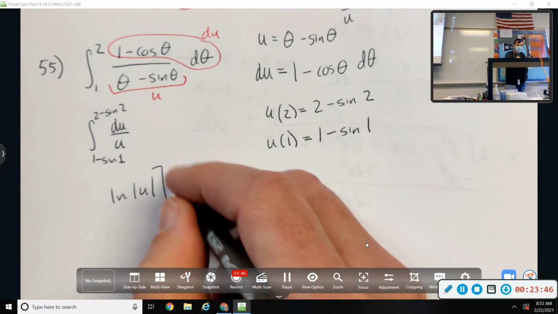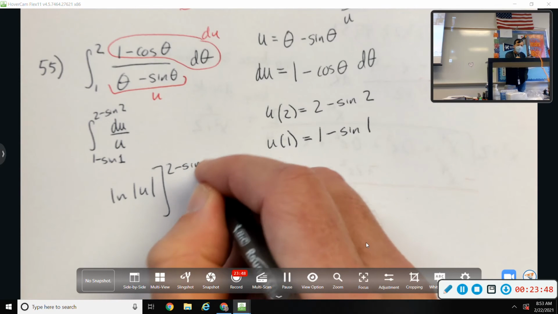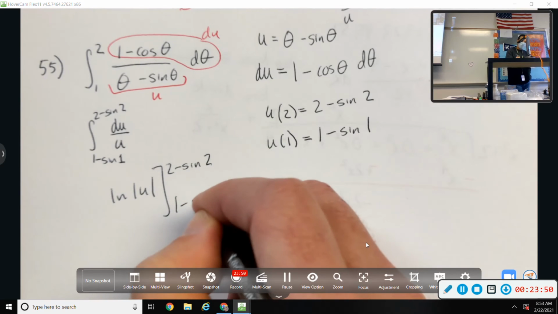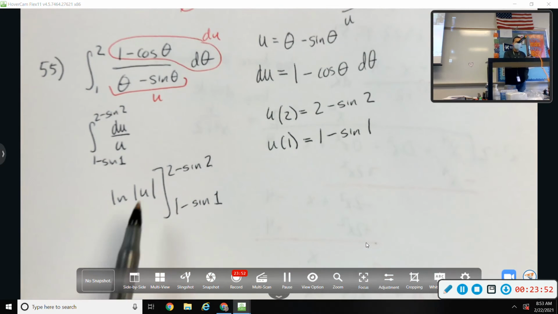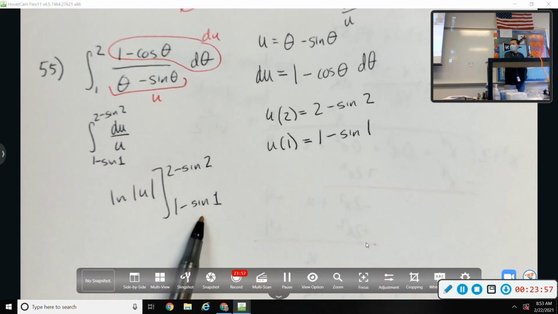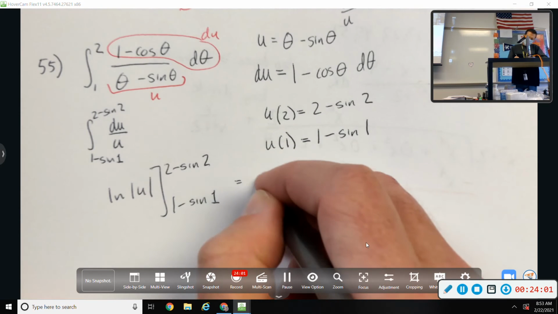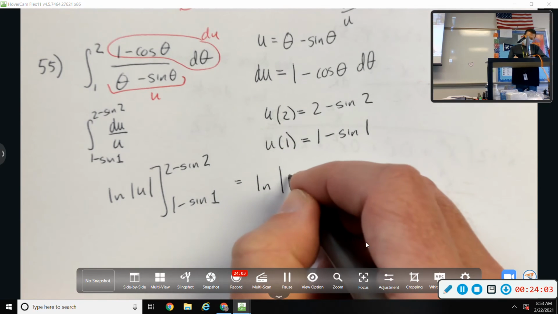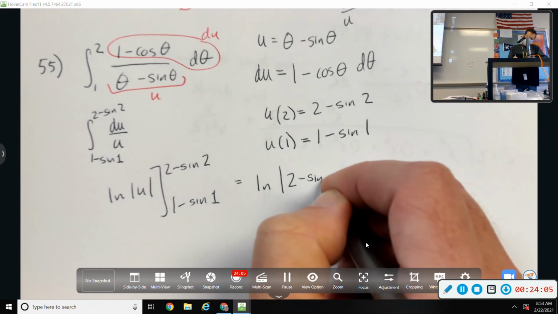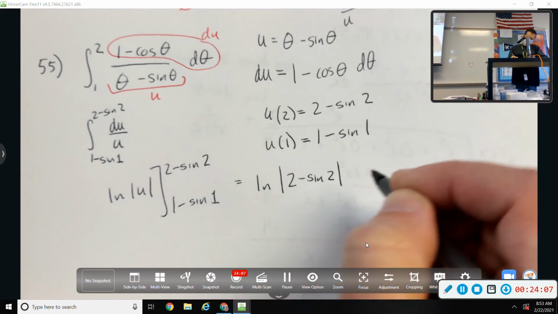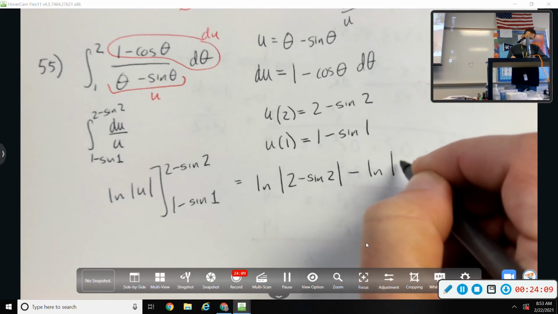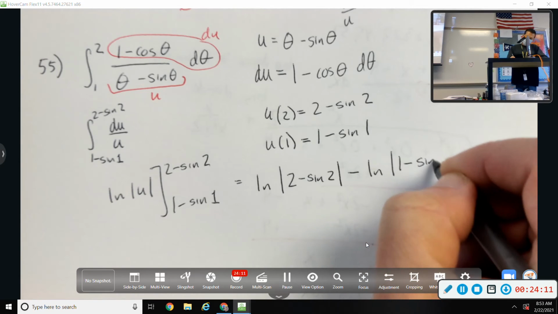I want to keep everything with u. So I've got a u antiderivative, and I've got u limits, so I'm good. I don't ever have to go back to the theta stuff. So natural log of 2 minus sine 2 minus natural log of 1 minus sine of 1.